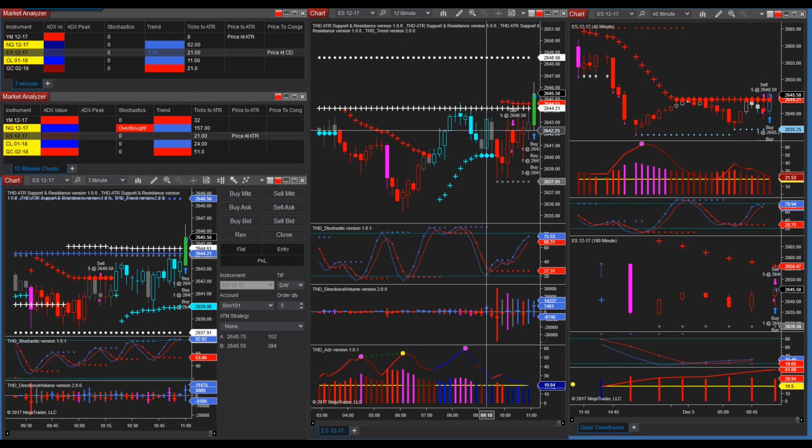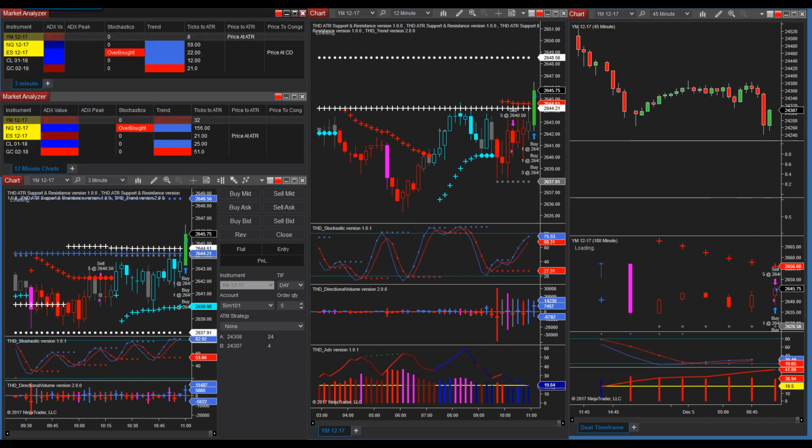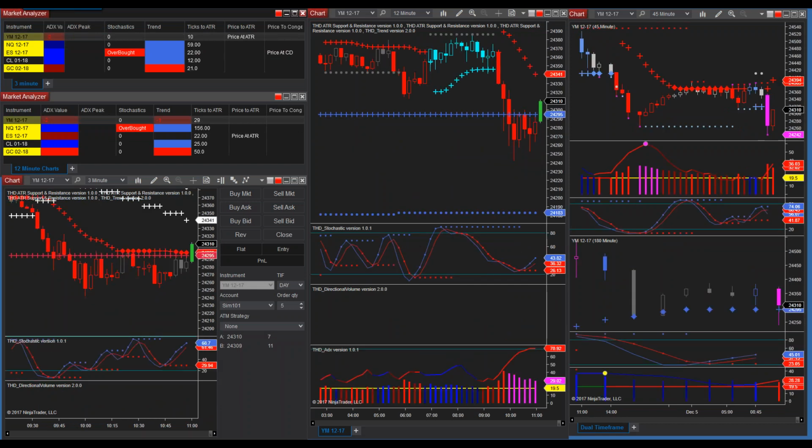Okay, now the Dow is back at the ATR. As you can see, it is currently breaking through the red ATR.